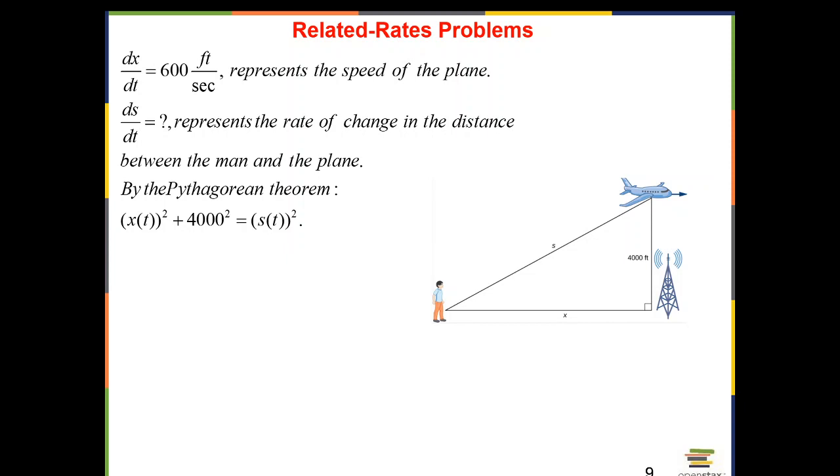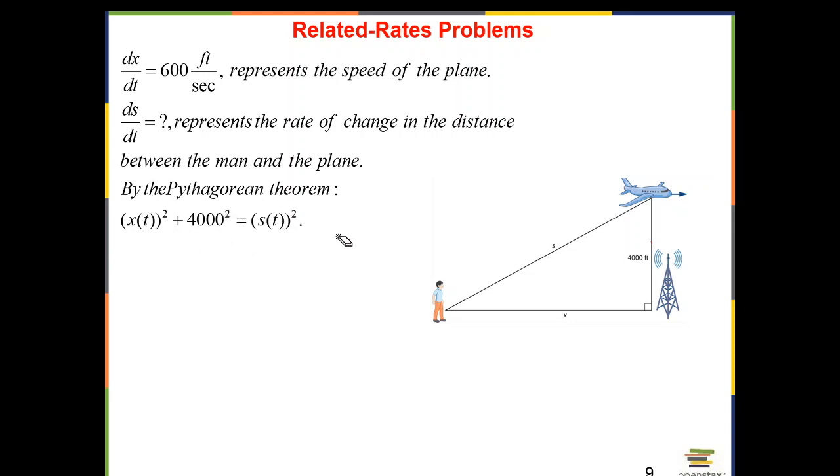So what do we do? Well, we have to find a relationship between s and x. In this right triangle, that relationship is the Pythagorean property: x squared plus 4,000 squared equals s squared. That is the relationship between the variables.